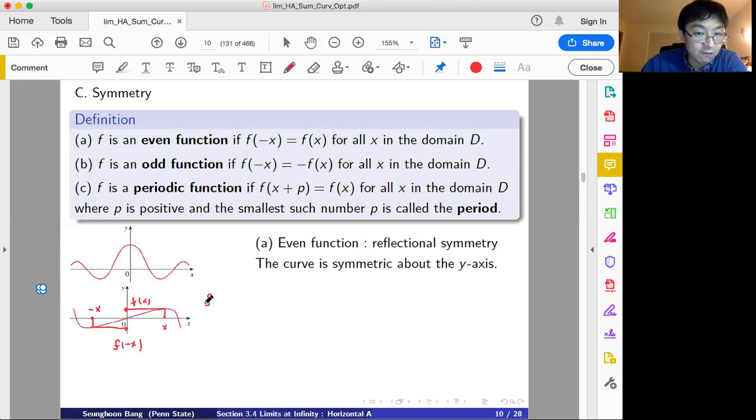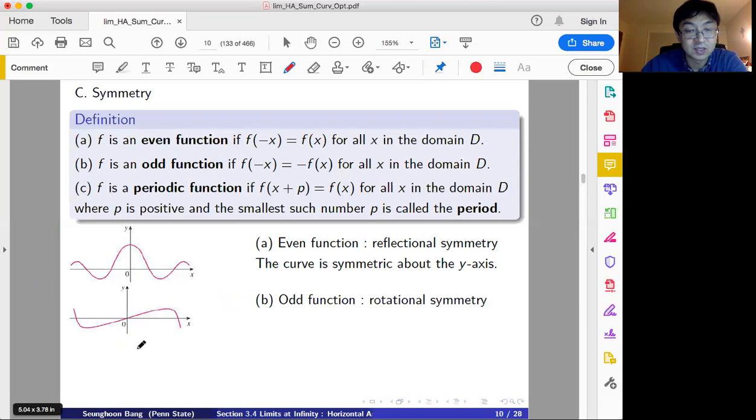The f of minus x is exactly the same as taking the negative sign of the positive value, so minus f of x. What does it mean? The function f of x goes down like this, and we have this result. An odd function is always symmetric about the origin, right? Symmetric about the origin.